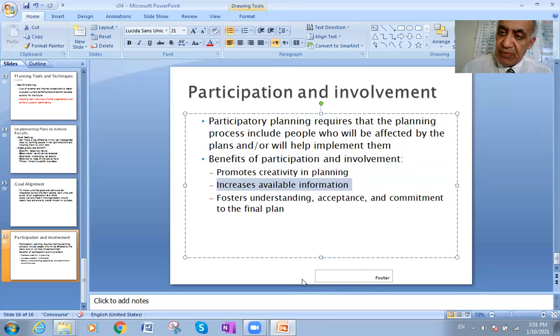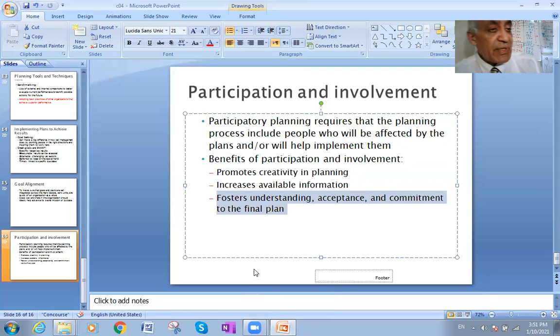There will be more information in front of us, will foster understanding, acceptance, and commitment to the final plan. Everyone will be responsible about a part of the plan which he set. I mean, I had a part of the plan, then I am the one who will run to execute it. It will be my issue. So I will execute it. I will help in doing it. I will try to show that I was right in everything.